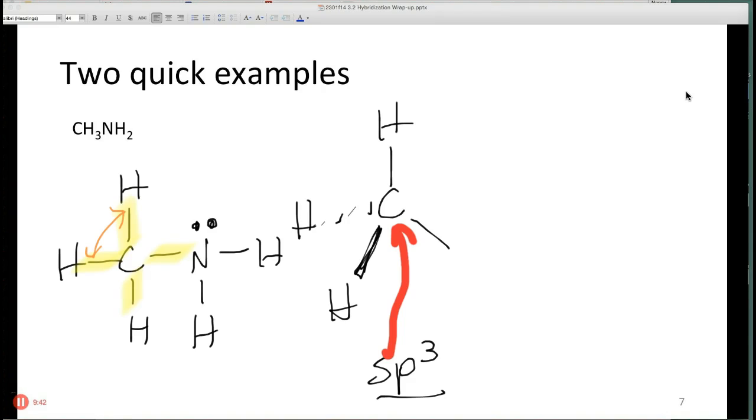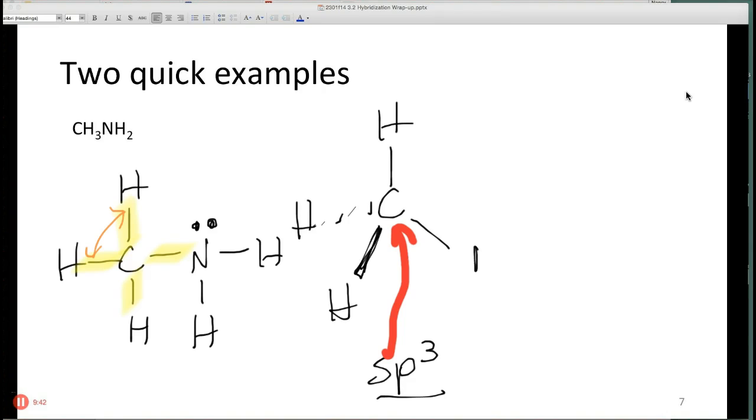What about the nitrogen? Well, nitrogen-wise, 1, 2, 3, 4, 4 sets of electrons. Therefore, it too needs 4 containers for these electrons, 1 each for each of the single bonds and 1 for the lone pair.